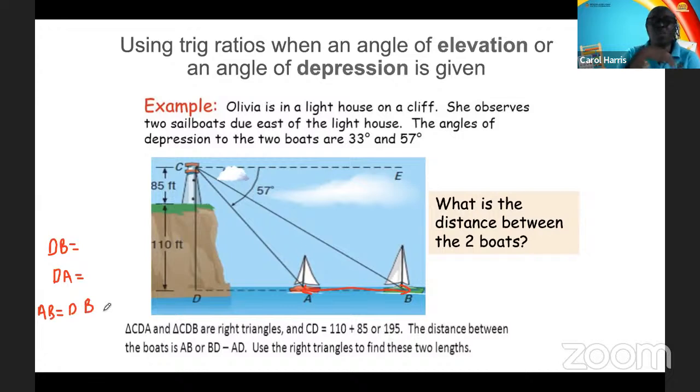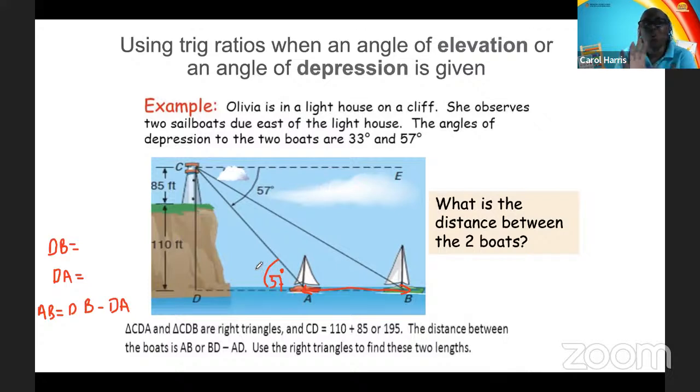I'm going to ask a quick question before we move on. Based on what we've said, we know that angle CAD is what again? 57 or 33? That's 57. Okay.